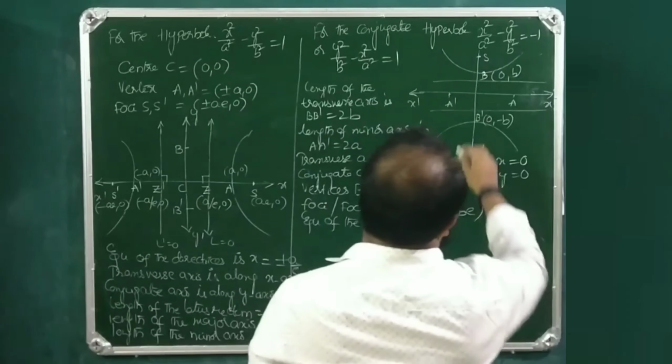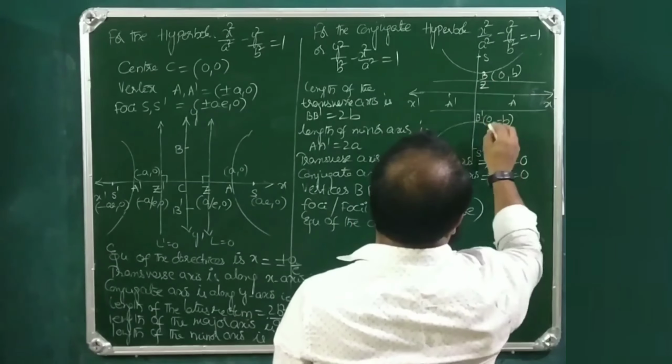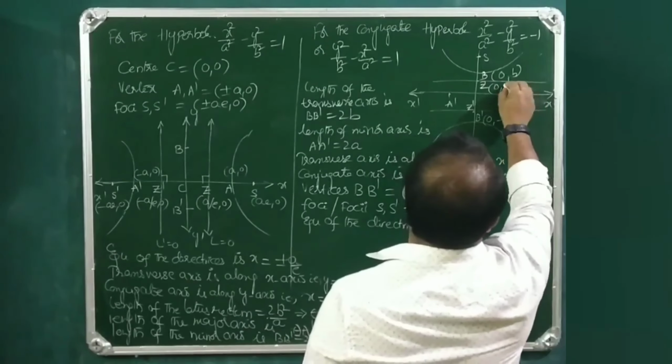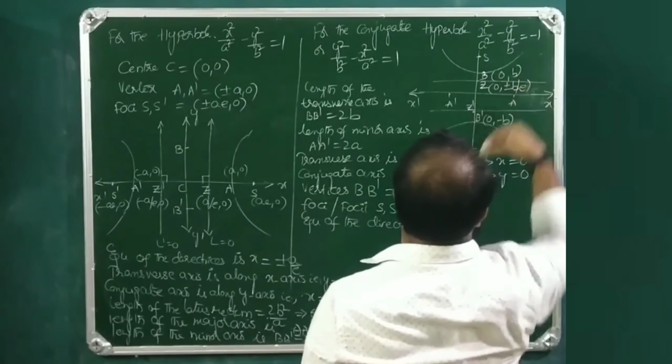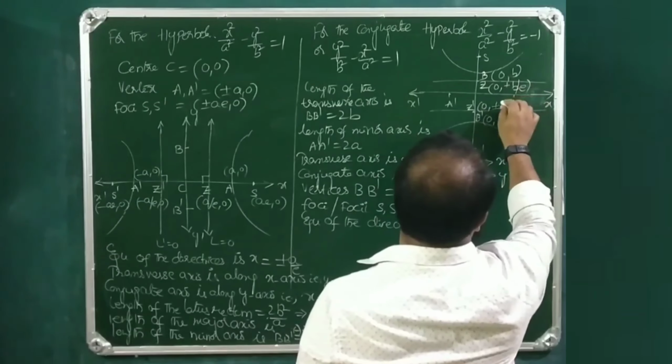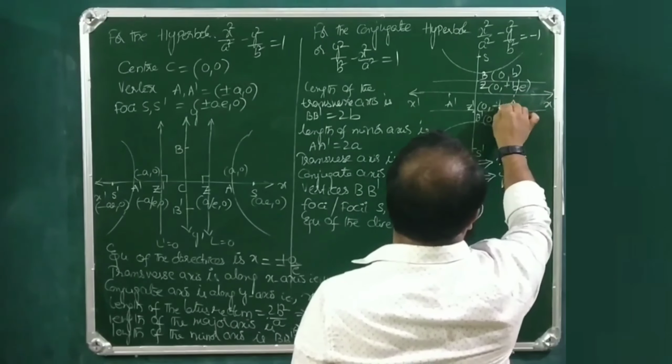This is Z and this is Z dash, the feet of the directrices: 0 comma plus b by e, and 0 comma minus b by e.